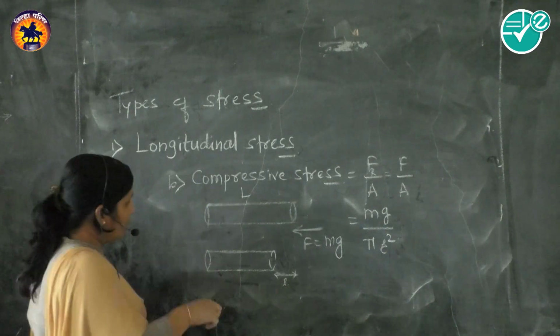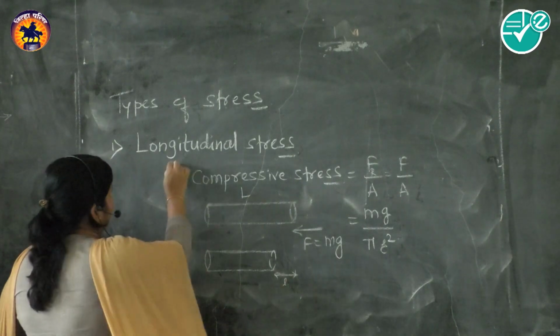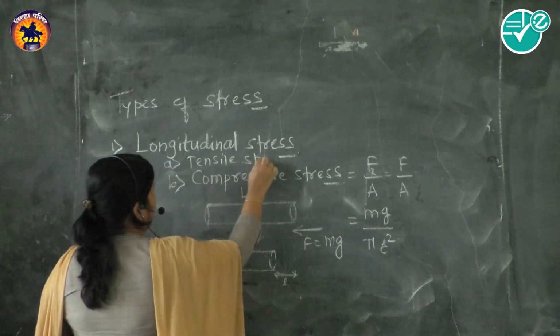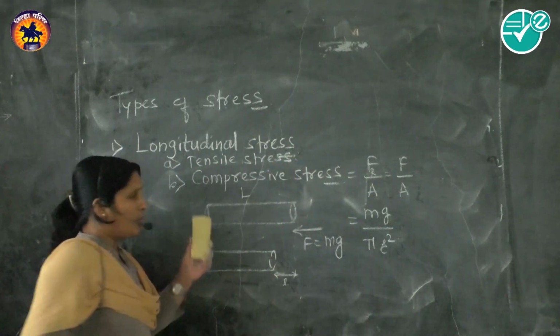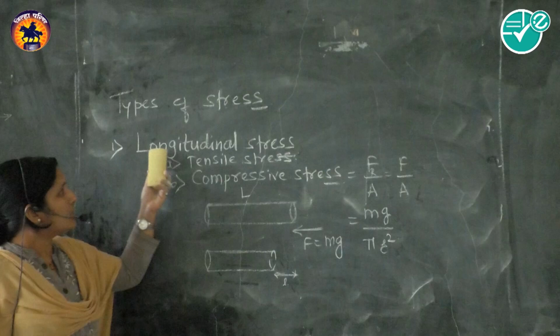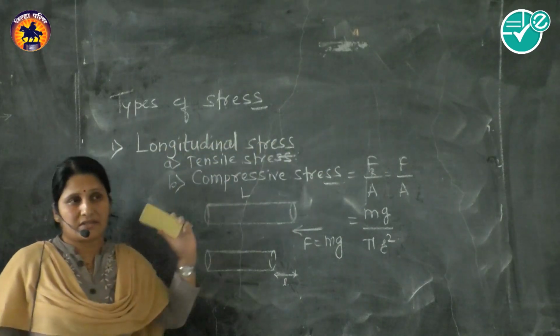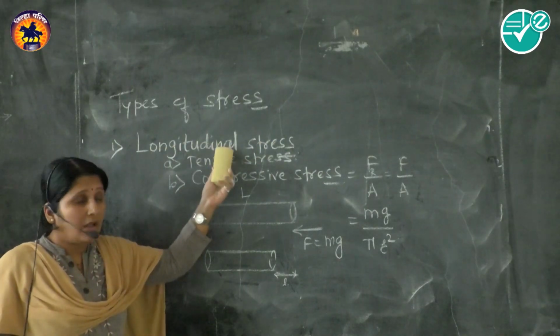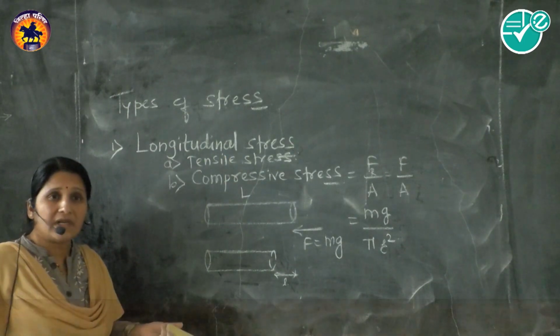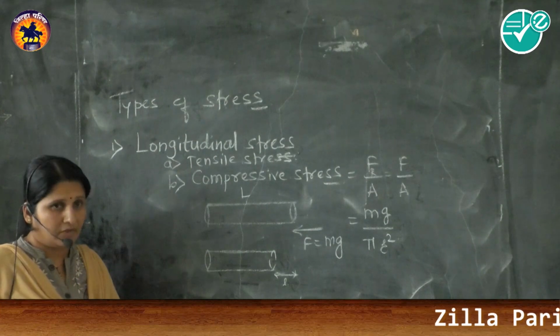And both, now both, which both? Firstly we studied tensile stress, and this compressive stress, both combined is called longitudinal stress. What is longitudinal stress? When deformation takes place in the length of the cylindrical wire, in the material body.